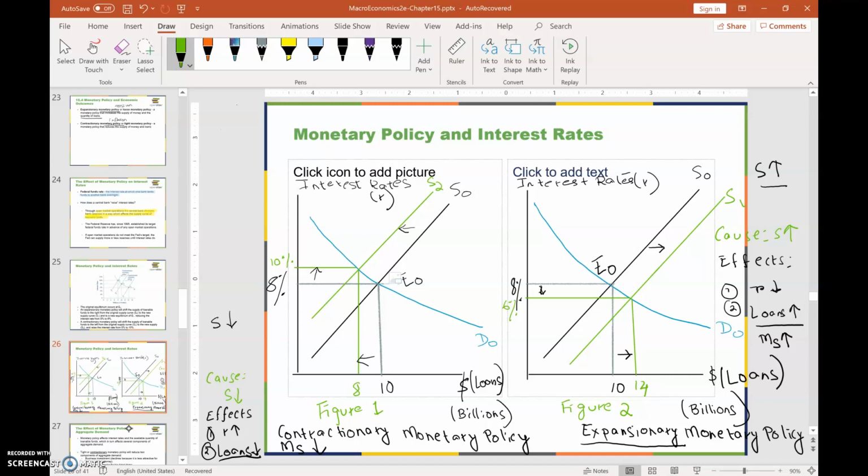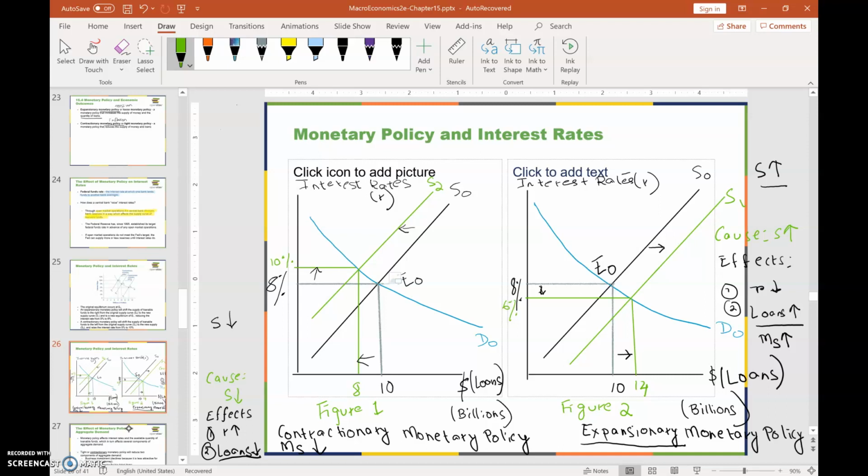On both these graphs, there is interest rate on the vertical axis and the quantity of loans on the horizontal axis. Initial equilibrium is E0, where interest rate is 8% and quantity of loans is equal to $10 billion.